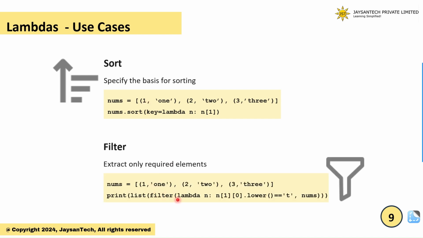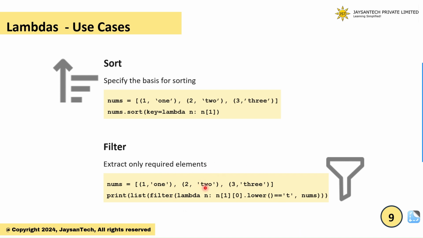Can you see this function? See what the filter function will do. It will extract only required elements from your iterable and return it as another iterable, right? So this filter function is taking a lambda function as its first argument, where I'm passing in every element of the nums list, which is a tuple, and only if the first character in my number name is T, I return that.